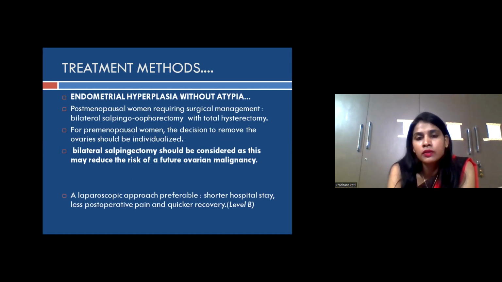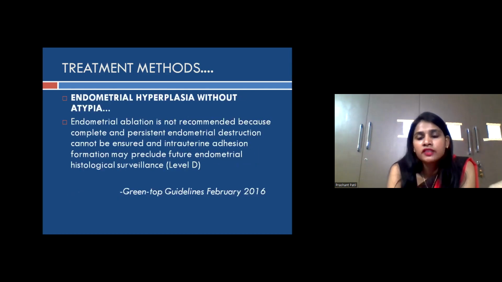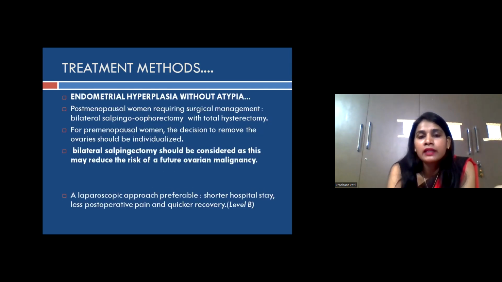It depends on the consultant, but it is always preferable to do a bilateral salpingectomy to reduce the risk of future ovarian malignancy in a premenopausal woman. Of course, for the mode of hysterectomy, the laparoscopic approach is preferable because it has a short hospital stay, less post-operative pain and quick recovery.